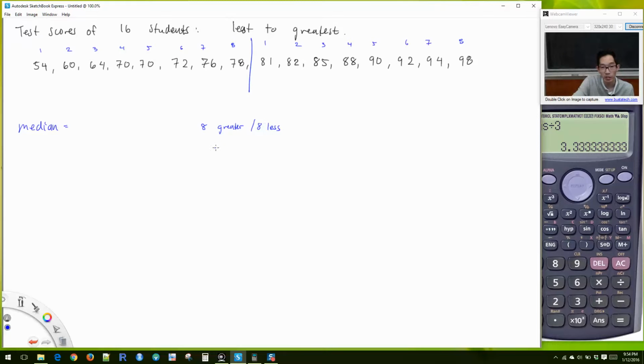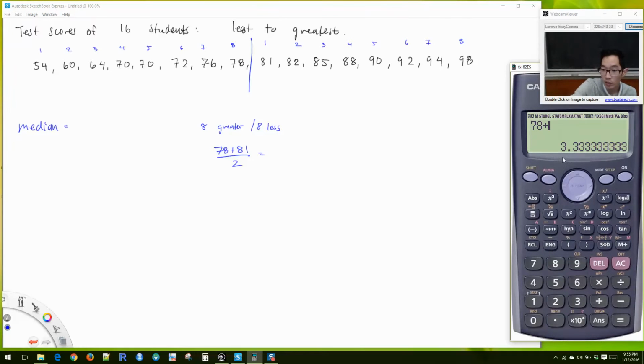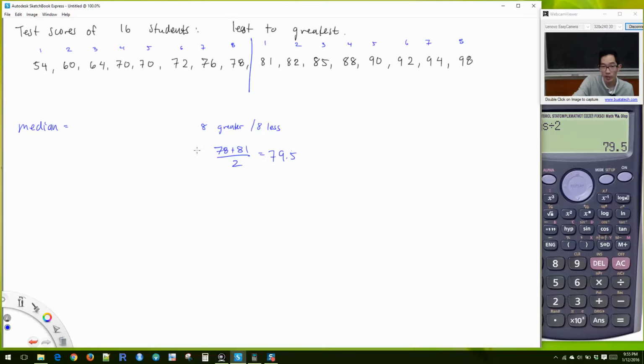So I do 78 plus 81 divided by 2, and this will be my median, which is 79.5. So my median is equal to 79.5. Is that okay with everybody?